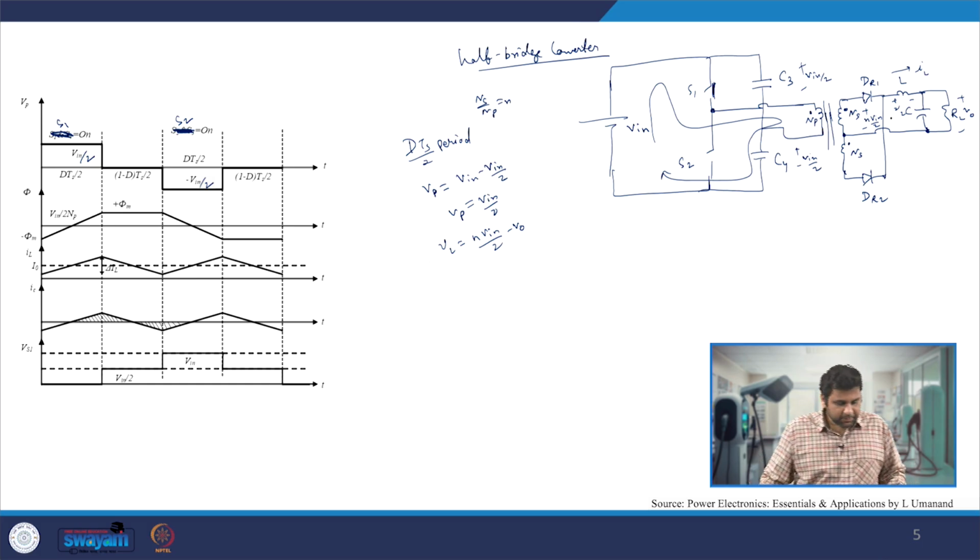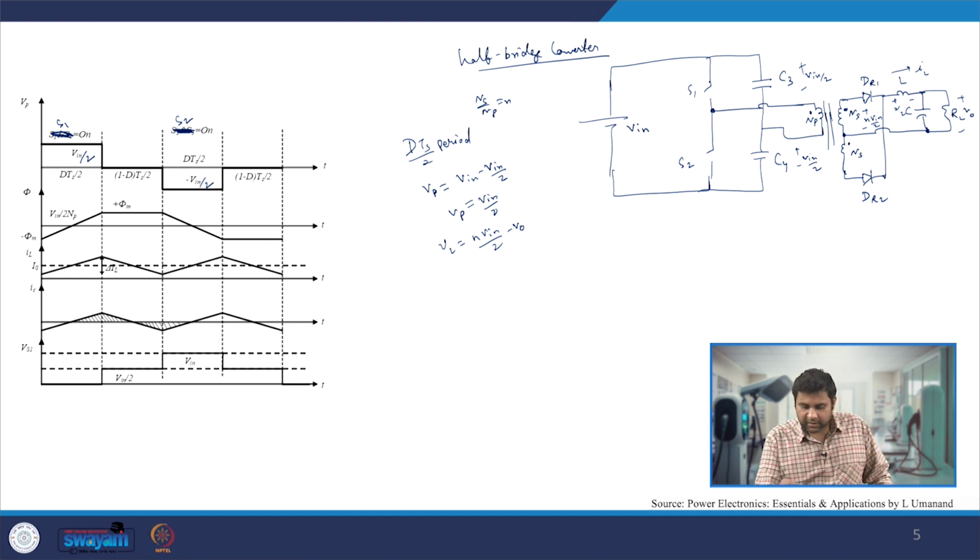Now in the next time, when my S2 is already off and I turn off my S1, in the 1 minus d Ts by 2 period, across this there is an output capacitance of this switch, so they will also be blocking this V in by 2.